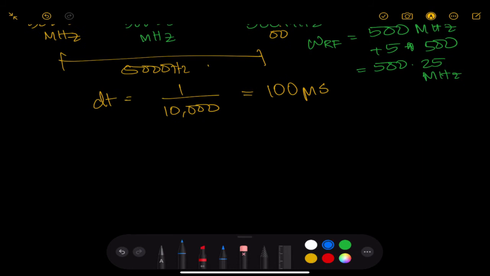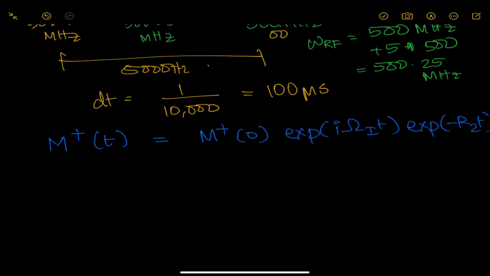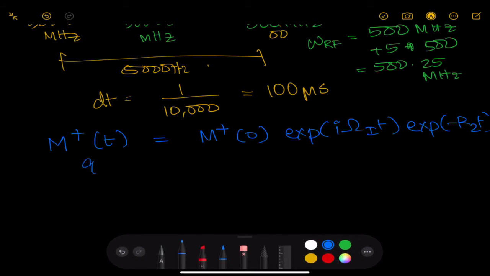In order to do this, I'm going to remind you of the basics that we had learned earlier, meaning that following a pulse, the total transverse magnetization as a function of time, basically the time domain signal, is given by the Bloch equations. Under this condition, let's take for an example, we are going to apply a 90-degree excitation pulse from equilibrium.